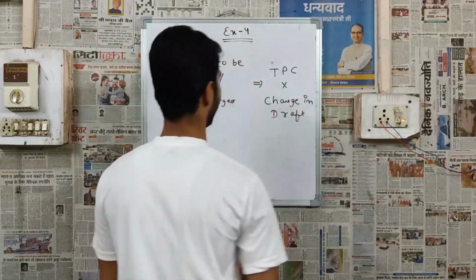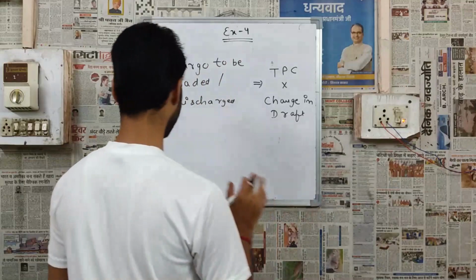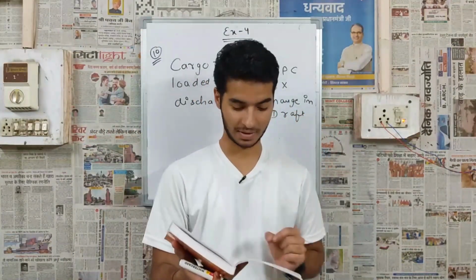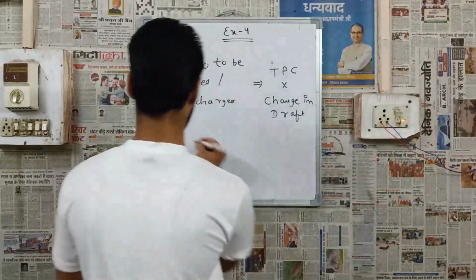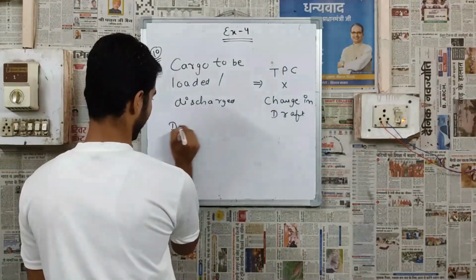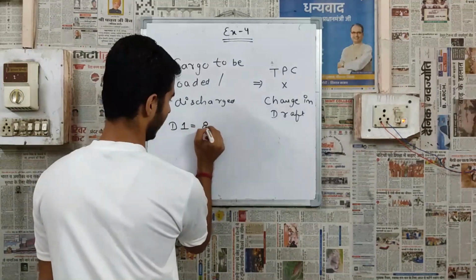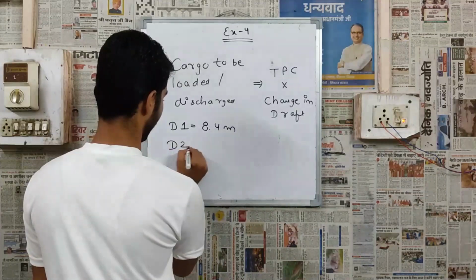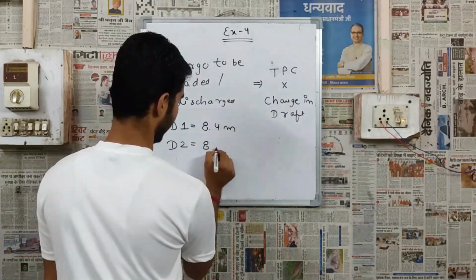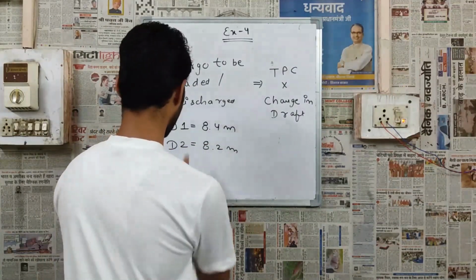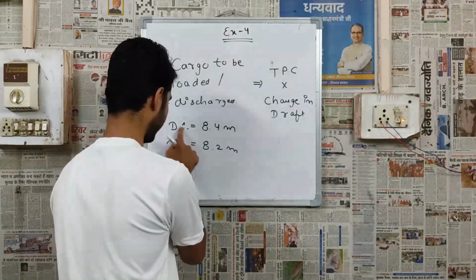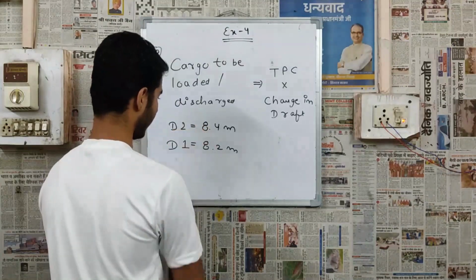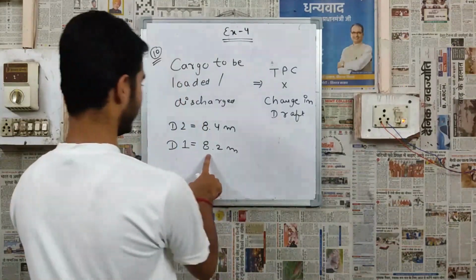Now, what is change in draft? Change in draft is nothing but the difference between both the drafts in centimeters or meters. Our draft 1 is 8.2 meter and our draft 2 is 8.4 meter. The ship is at 8.2.